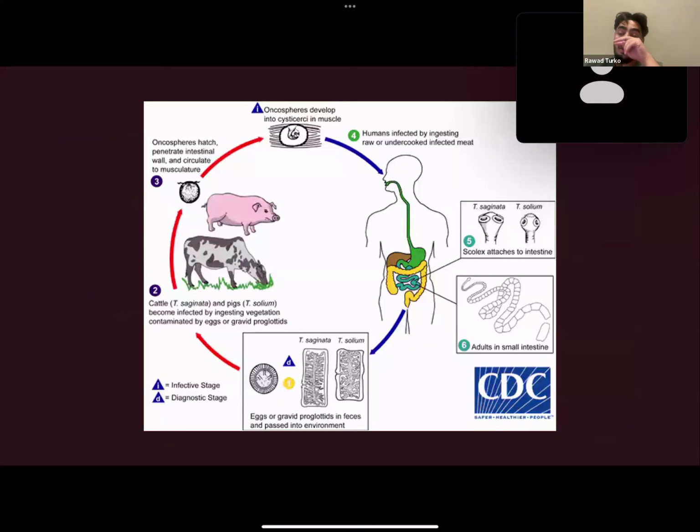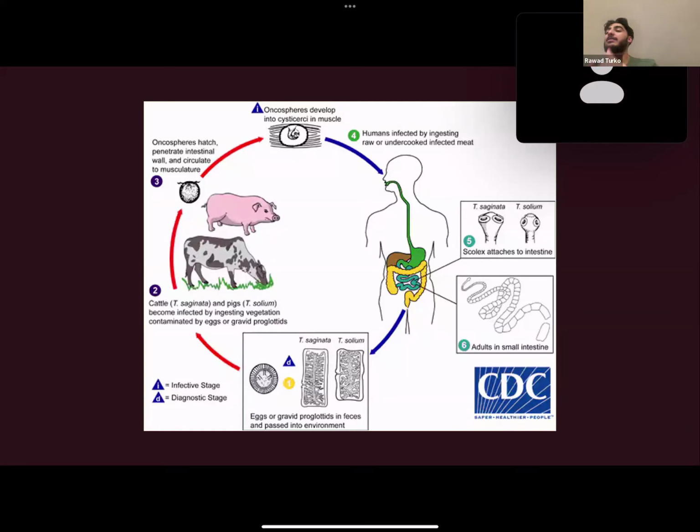Okay, this is the life cycle. Again, this is Taeniasis, not cysticercosis. Oncospheres develop into cysticercae in the muscle. For example, if a pig were to ingest the eggs of Taenia solium, then they would develop these cysts, the cysticercae, in their muscle.